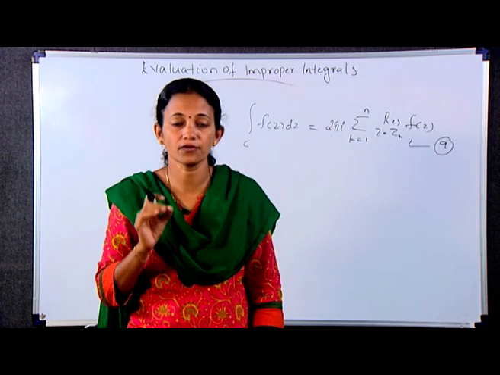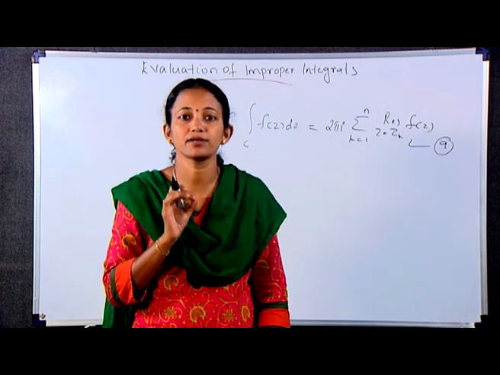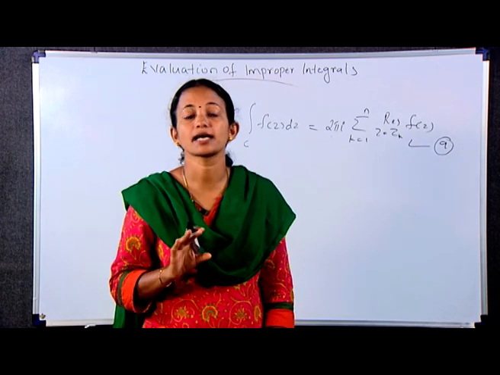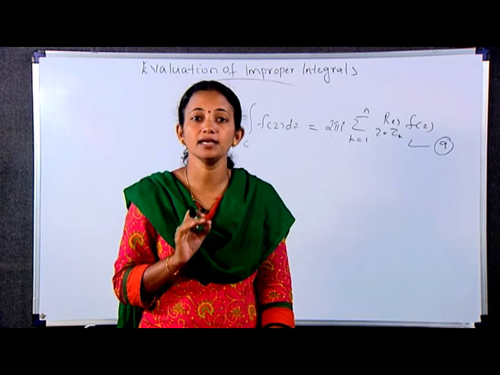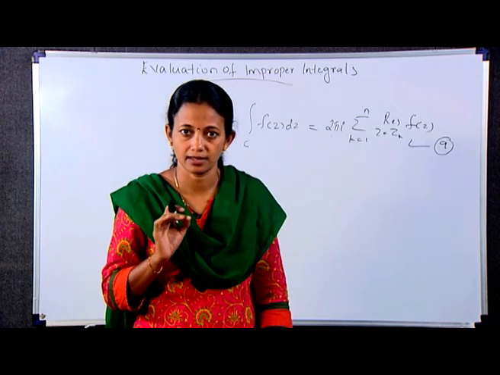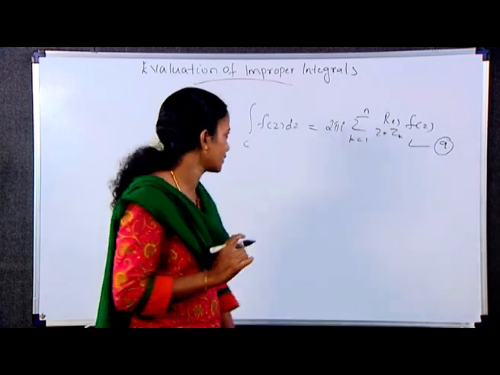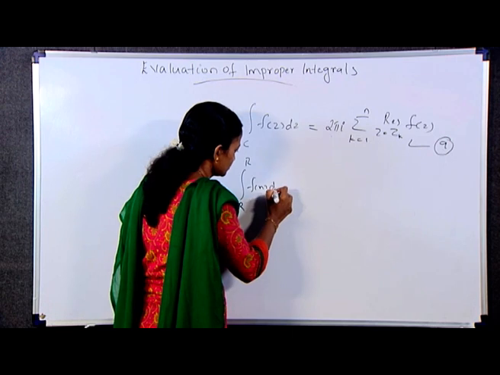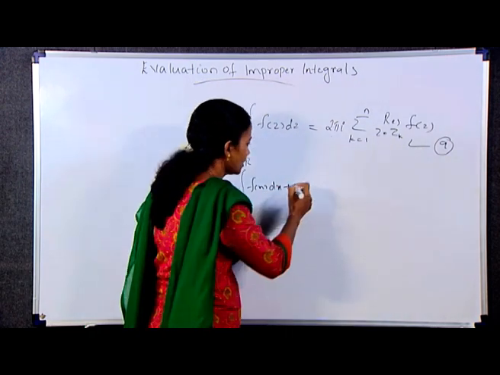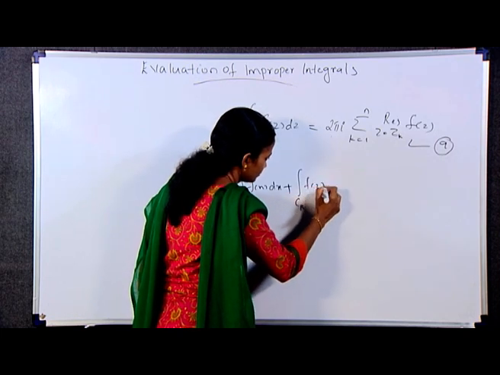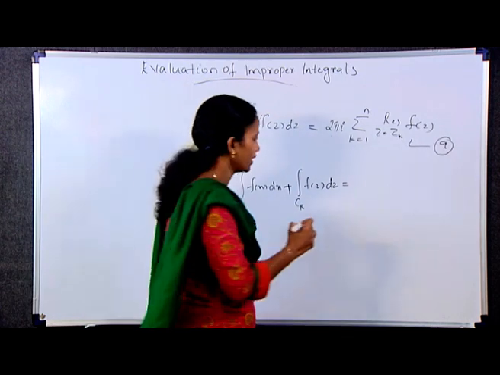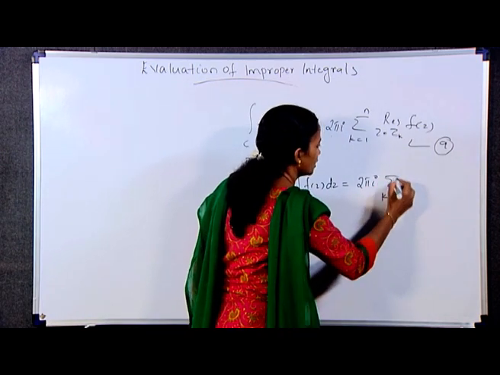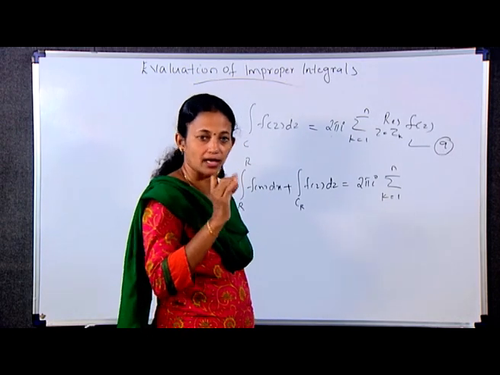Since the line segment of the real axis just mentioned has the parametric representation z equal to x, where x lies between minus R and R, that is minus R less than or equal to x less than or equal to R, and since C is a union of this line segment and CR, it follows from equation number 9 that the integral from minus R to R of f(x) dx plus the integral over CR of f(z) dz is equal to 2 pi i times the sum, k varies from 1 to n, of the residue at z equal to zk of f(z).